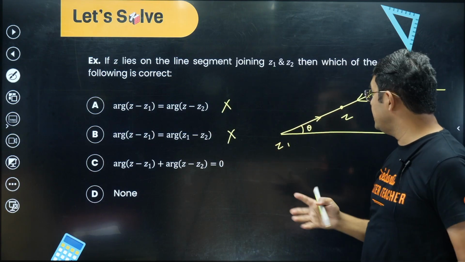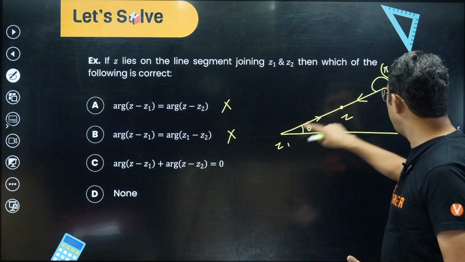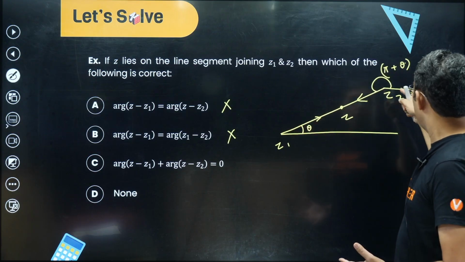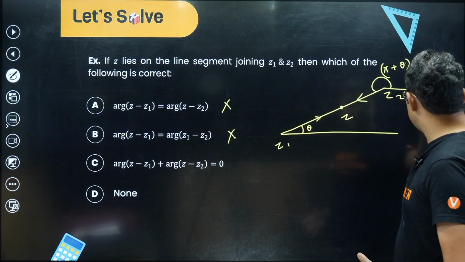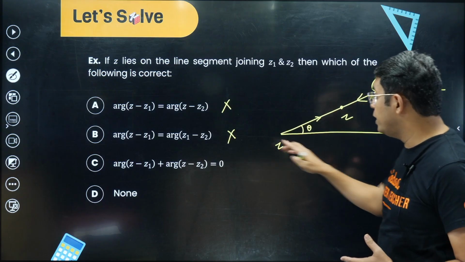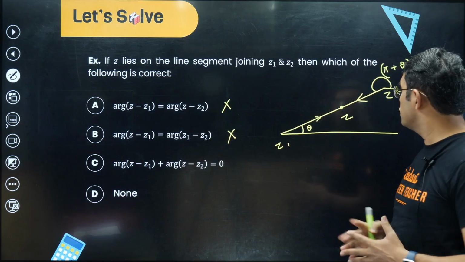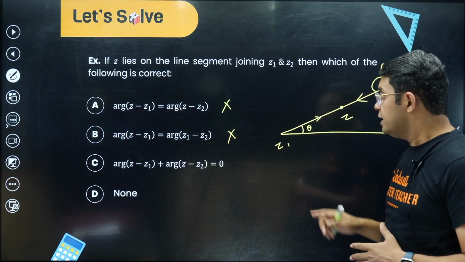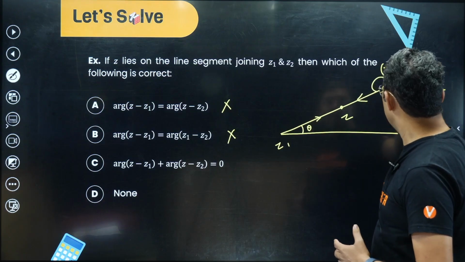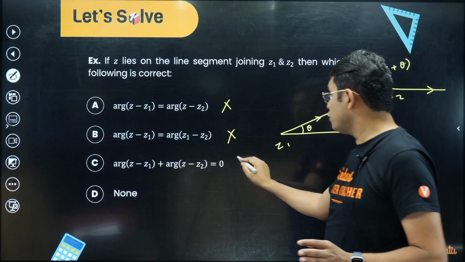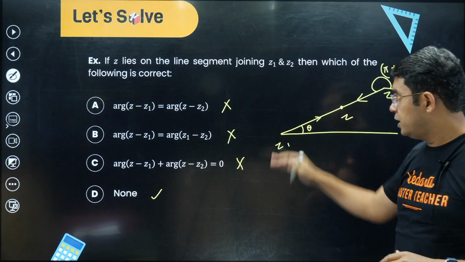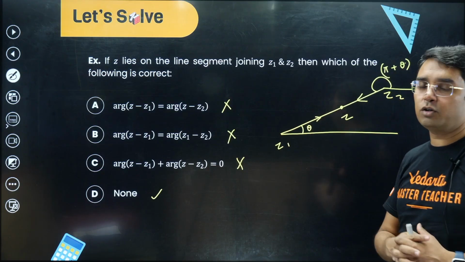Z minus Z1 is theta, and for Z1 minus Z2, because this is the final point and this is the initial point, if you join these two and measure the angle from the positive x direction, this angle will be the argument of Z1 minus Z2. So this is also wrong. Now coming to the next one, Z minus Z1 and Z minus Z2. I think we have seen this, the difference of these two will be pi. So this is also not correct. So none of these are correct, so D is the answer to this question.